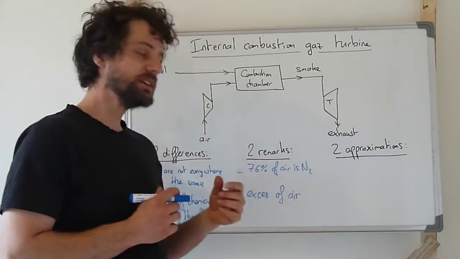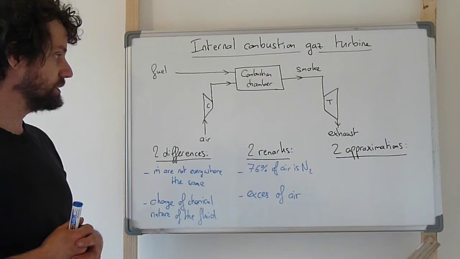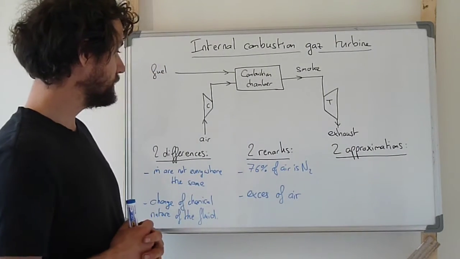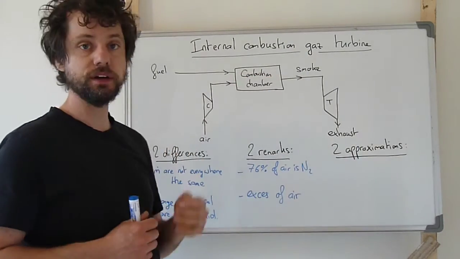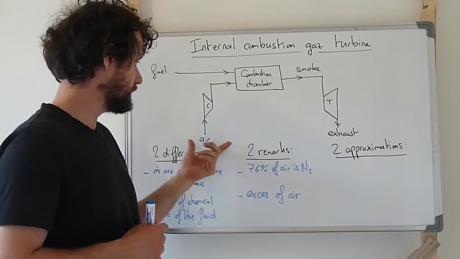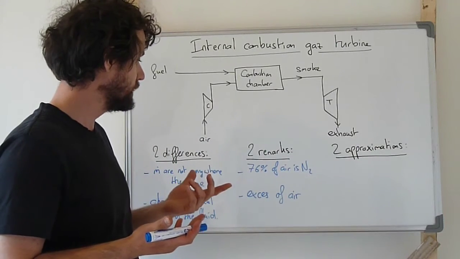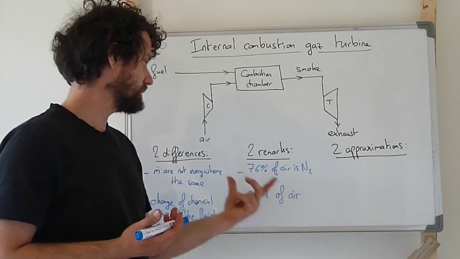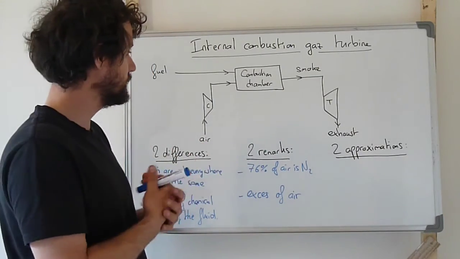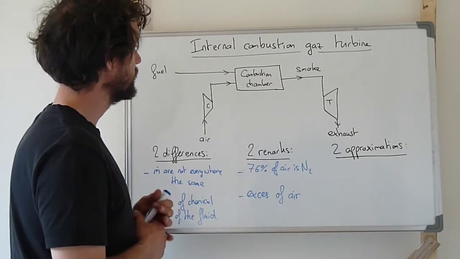And so if we take these two remarks and look at these two differences, because most of the flow rate is made of air, this is due to the fact that a lot of the air is not reacting at all, and also due to the excess of air, this is even increasing the amount of mass flow rate that is not taking part in the combustion.